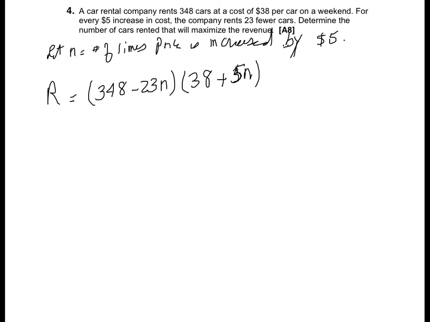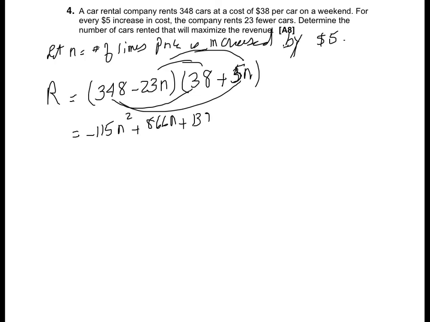Now this is going to be our revenue. We are going to expand this by multiplying each term of the first bracket into the second bracket. If you simplify this one, the answer is negative 115n squared plus 866n plus 13224.